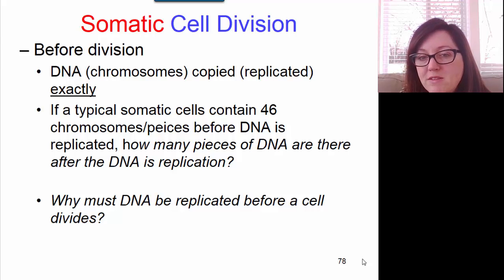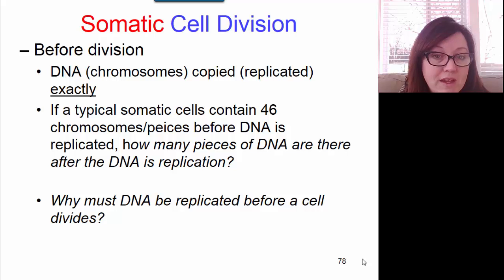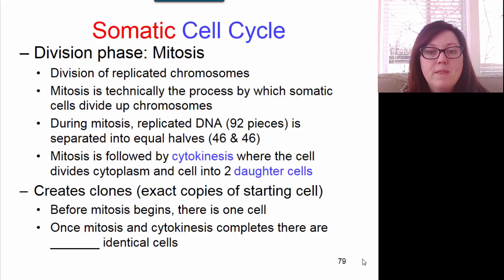So if a typical somatic cell contains 46 pieces of DNA before the DNA is replicated, how many pieces of DNA are there after the DNA is replicated? If you came up with 92, you are correct. So after the DNA is replicated, the somatic cell will actually go into the division phase of the life cycle, which is called mitosis.